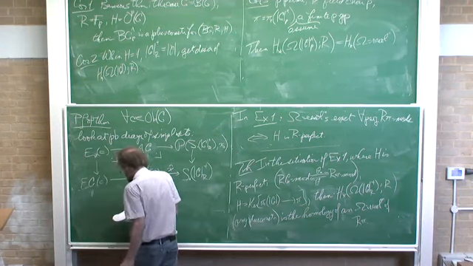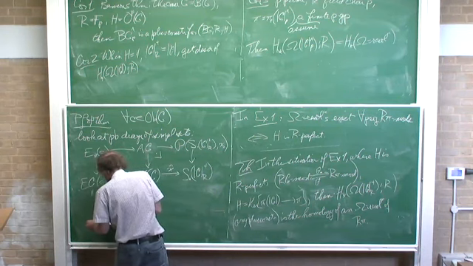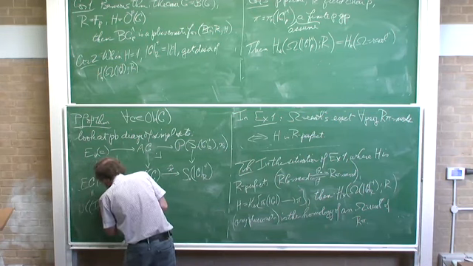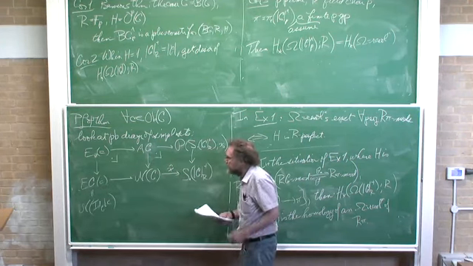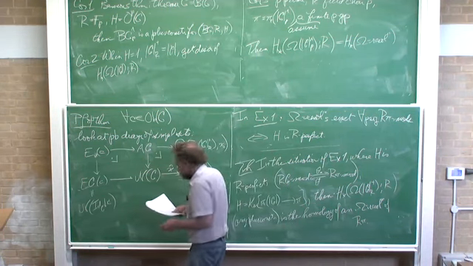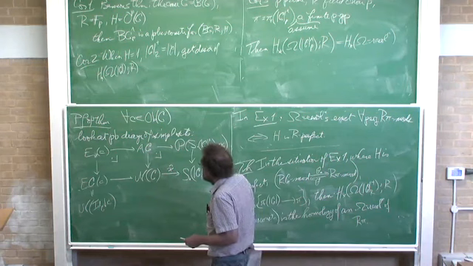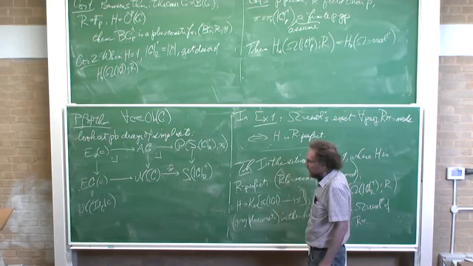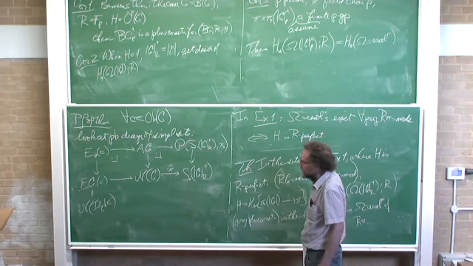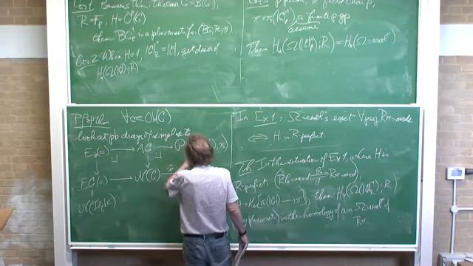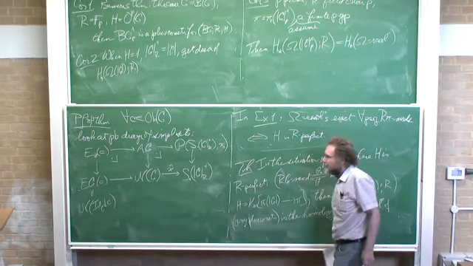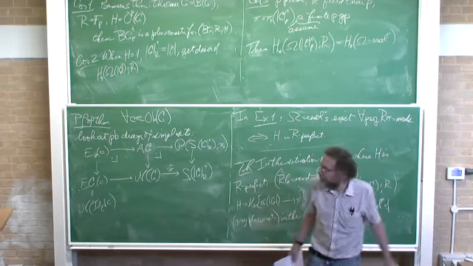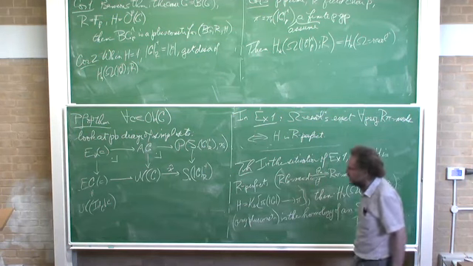So this thing is the nerve of the over category over C. And so basically what you can say is that this is really a diagram of simplicial sets, functors from C to the category of simplicial sets, where we have the constant functor in the positions on the right, and the functor varies only with the leftmost object. But it's simplest just to write it down in this form.